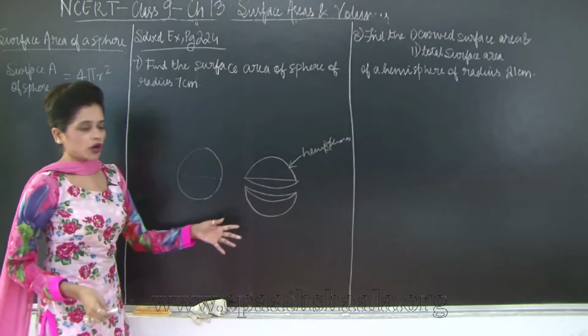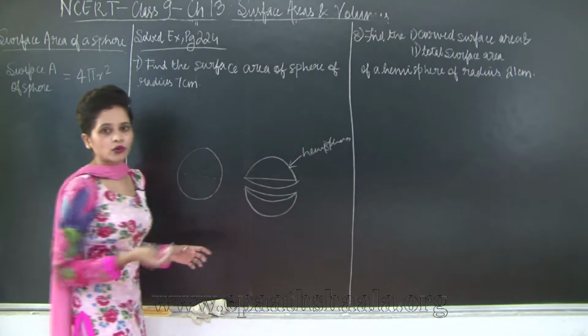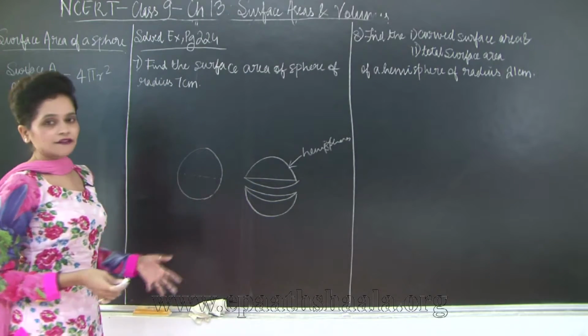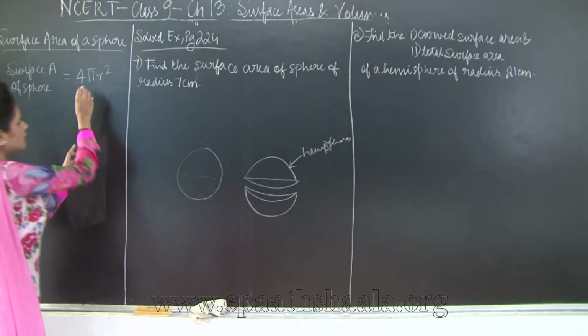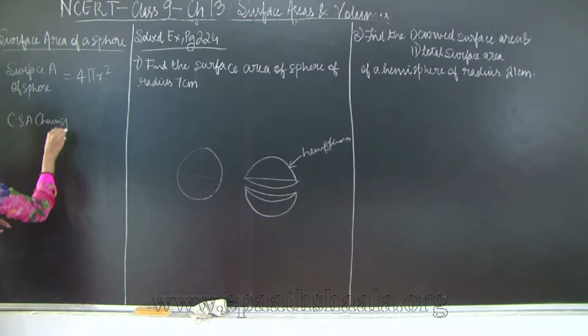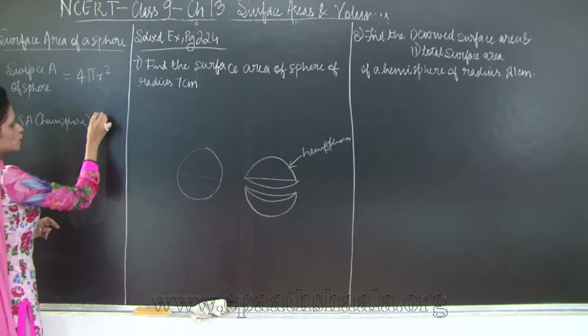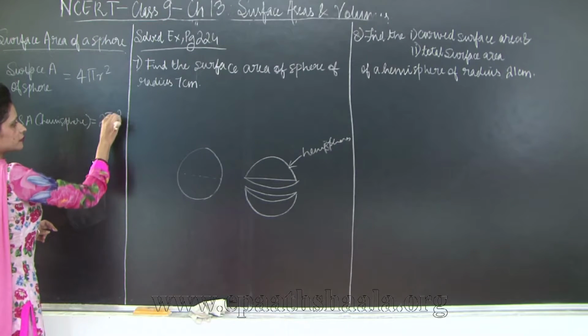So if this ball was hollow, that means there is only air filled inside, then it will have only a curved surface area. So the curved surface area will obviously be half of this. So the curved surface area of a hemisphere is going to be 4 pi r square divided by 2, which is 2 pi r square.